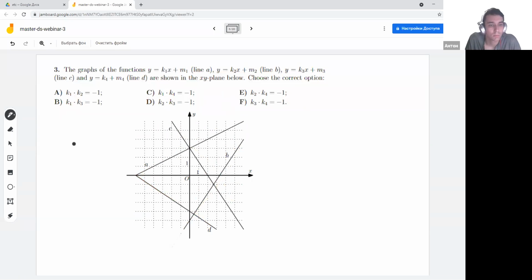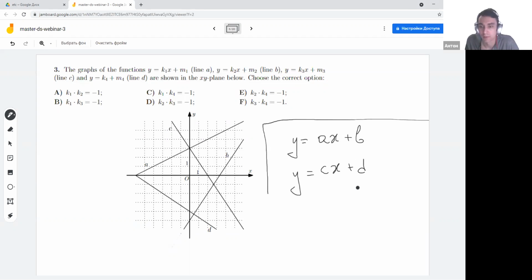Well, the general rule is that if I have 2 lines, and let me write them, for example, y equals ax plus b and y equals cx plus d. So this a, b, c, and d have nothing to do with the labels of lines. It's just a separate general rule I'm writing here.